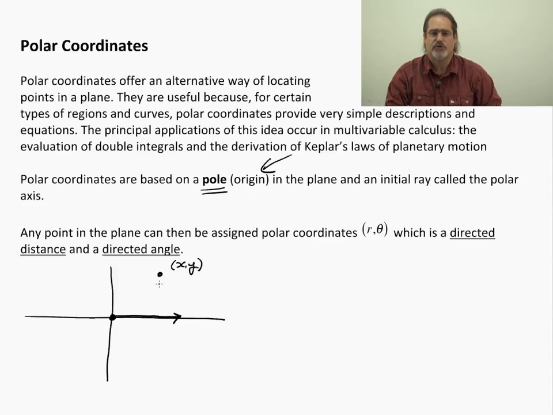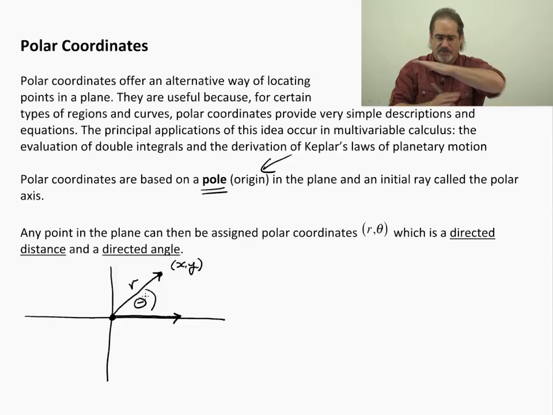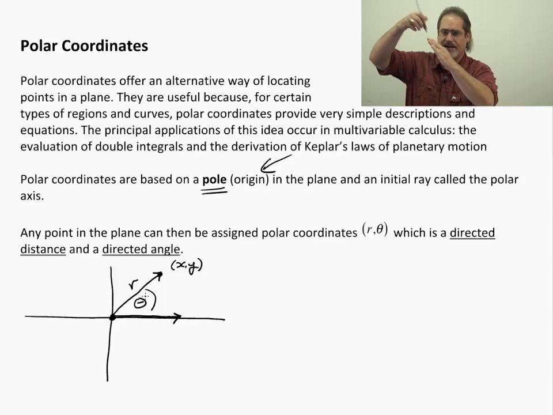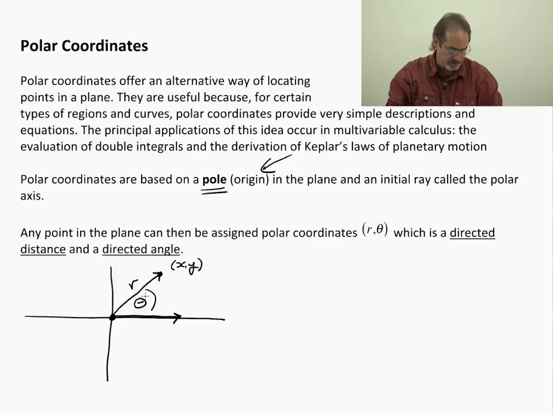I can now describe this exact position as a distance from the origin, r, the radius, and the angle theta. So if I start at 0 degrees and I know what angle to go to and I know how far to go, I can describe any point in the plane.